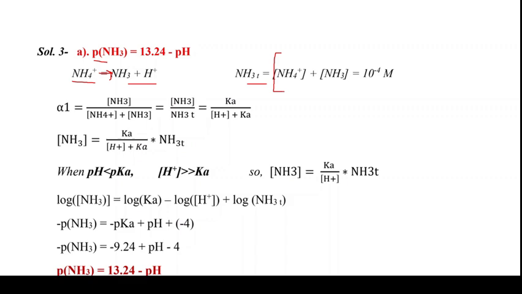So ammonium ion plus ammonia is equal to 10 raised to the power minus 4 molar. This is given. What is alpha 1? Alpha 1 is NH3 divided by ammonium total. And how can we get NH3? By simplifying it in terms of Ka and NH4 plus. So NH3 is equal to this thing.